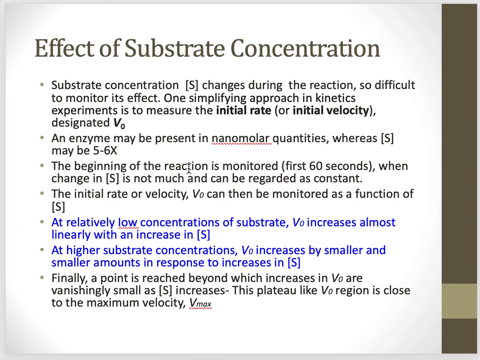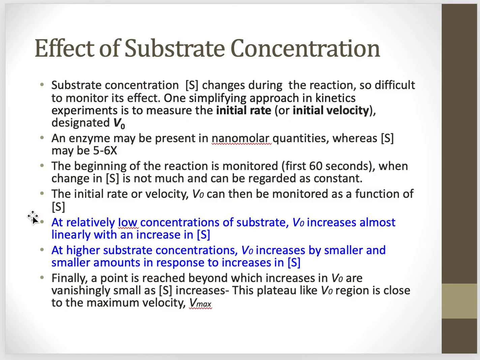When the beginning of the reaction is monitored, say the first 60 seconds, the change in substrate concentration is very low, negligible. That's why we can consider that in the beginning the substrate concentration is constant.